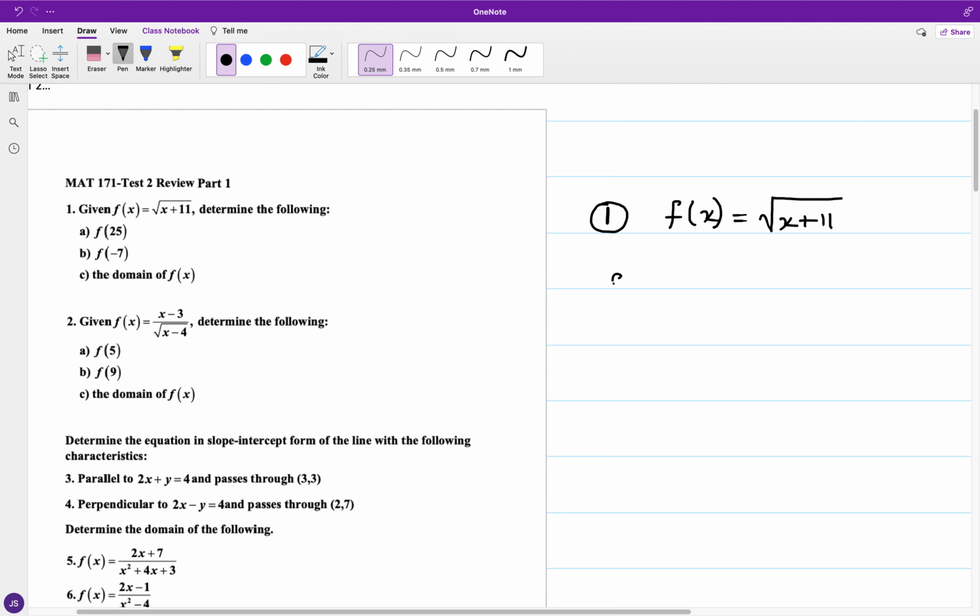For part A, we're now looking at the y value whenever x is set to 25. So y is going to be f of 25, and utilizing the radical function, this will translate to the square root of 25 plus 11.